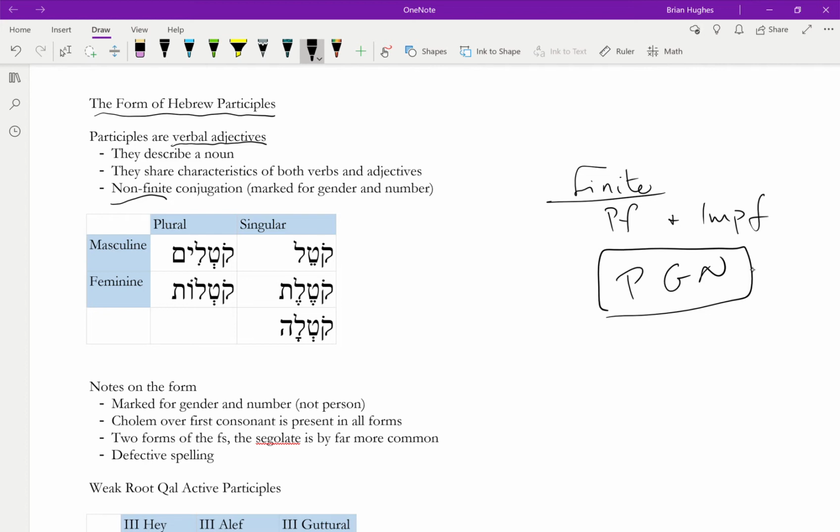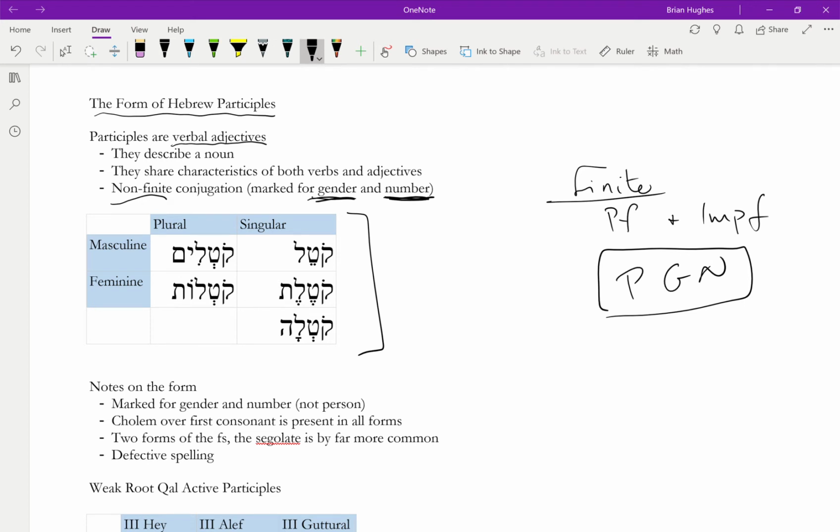We had the infinitive construct and the infinitive absolute, which were not marked for person, gender, or number. Participles are marked for gender and number, but not person. You can see in this table that you've got masculine plural, masculine singular, feminine plural, feminine singular. So they're marked for gender and number, but not person.